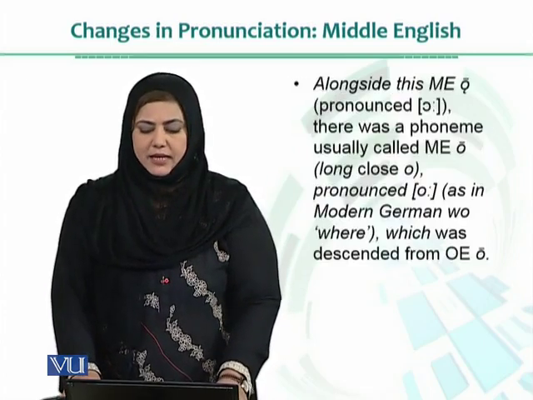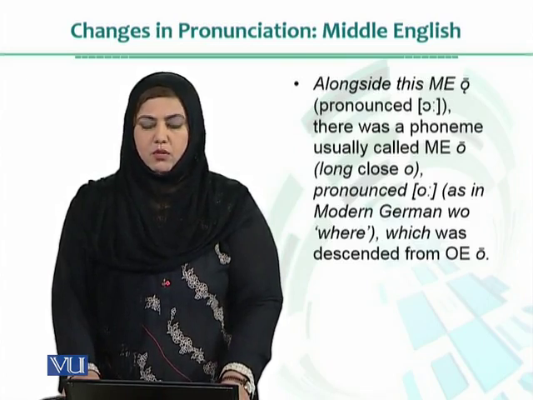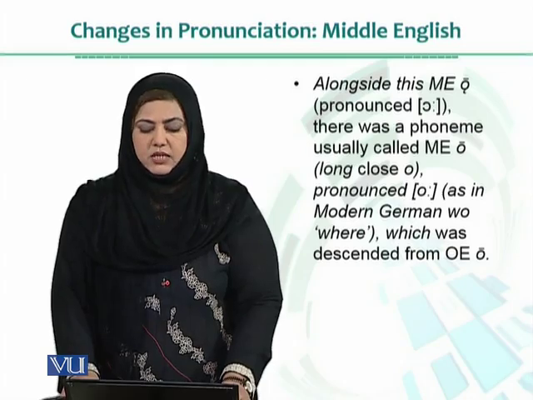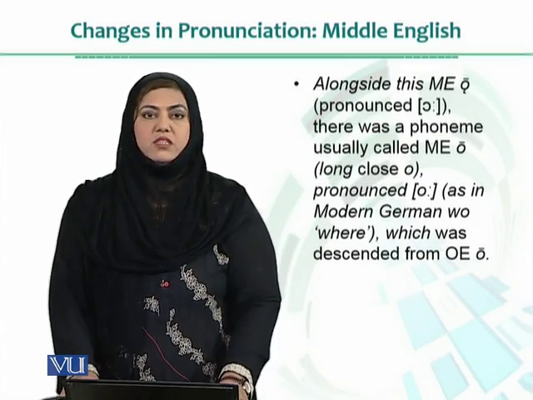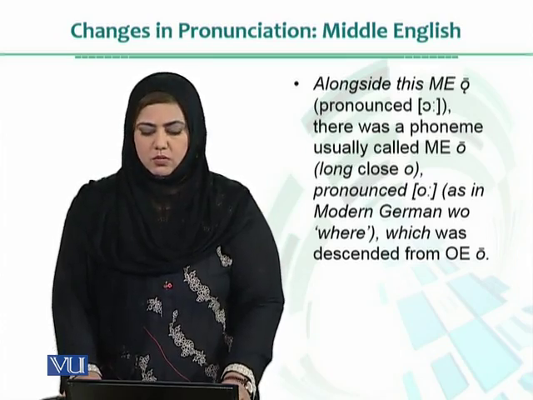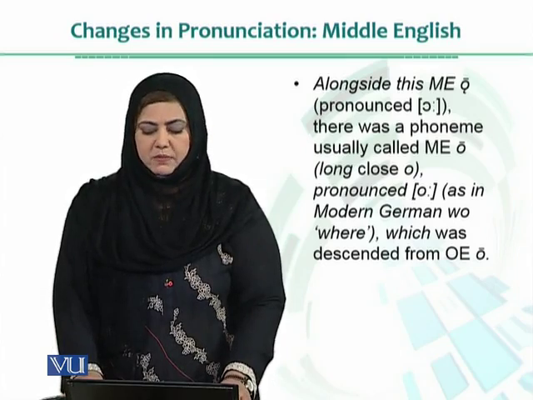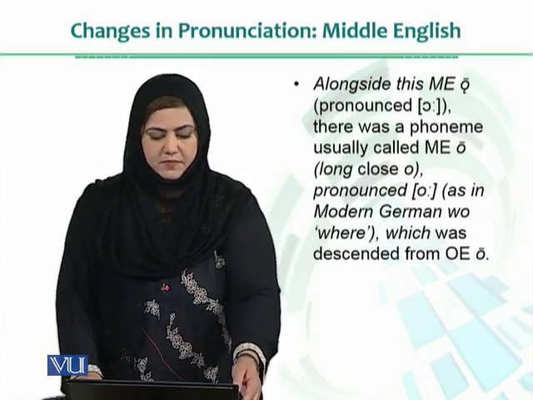Alongside this, in Middle English there was a phoneme usually called long close oo, which was pronounced as we pronounce, for example, in the word cool, and which is also present in modern German.